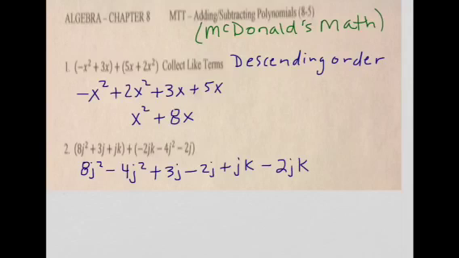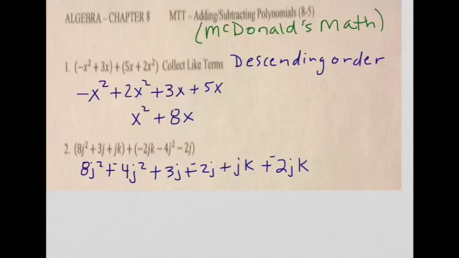Alright, now you can also think of these as adding a negative 2jk, adding a negative 4j squared, adding a negative 2j. So now we're going to go ahead and add a line, change the sign, add a line, change the sign, add a line, change the sign, and combine.